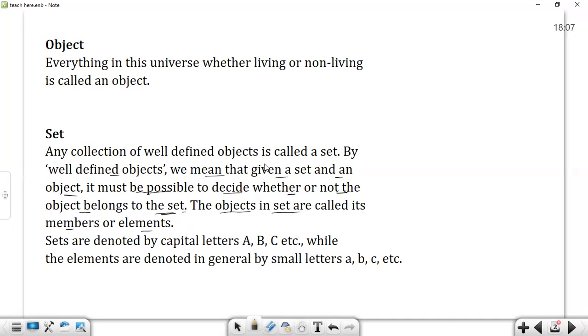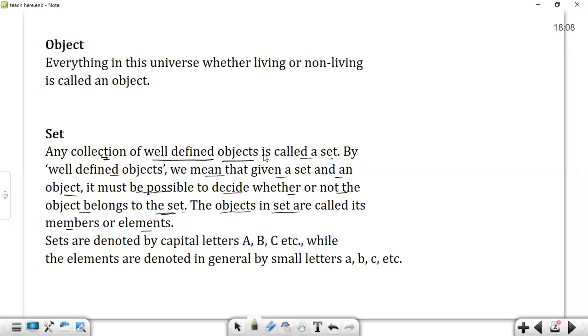Let me repeat. Any collection of well-defined objects is called a set. Well-defined means that we have to specify whether the object belongs to a particular set or not.